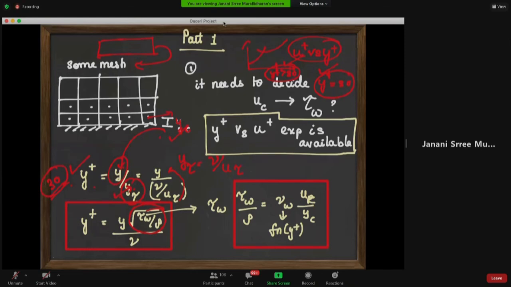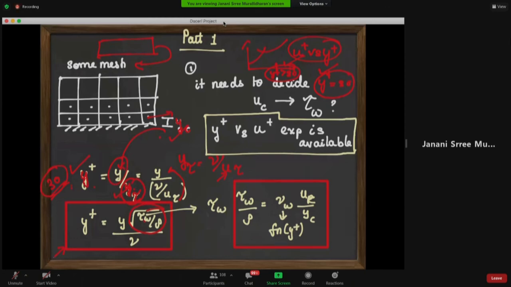So if I need a Y plus of 30, I have to calculate U tau to get my first cell value. And my U tau is in terms of tau wall by rho. Now look at this red circled thing, right?